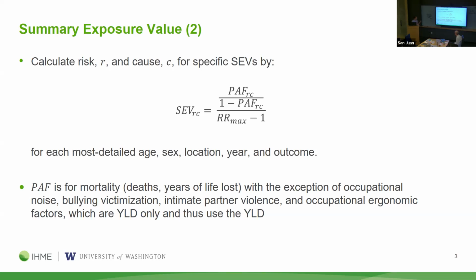It's important to remember that for computing the SEVs, we use the mortality population attributable fraction, with the exception of those risk factors which only have a non-fatal effect, and there we use the non-fatal population attributable fraction. That includes risks such as occupational noise, bullying, intimate partner violence, and occupational.